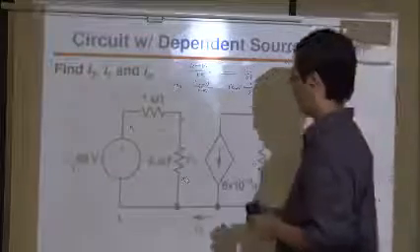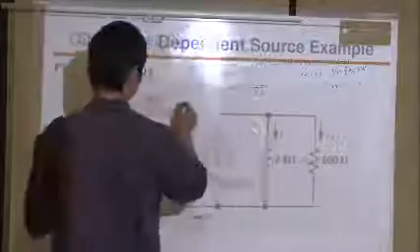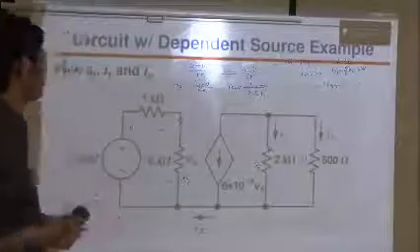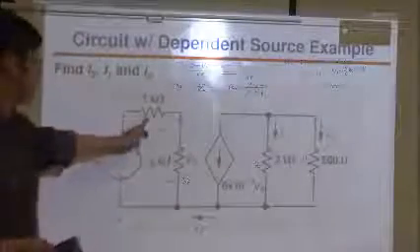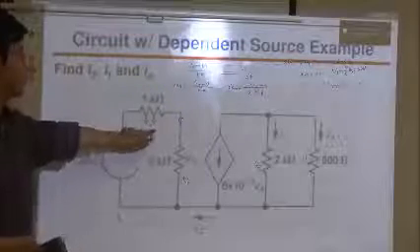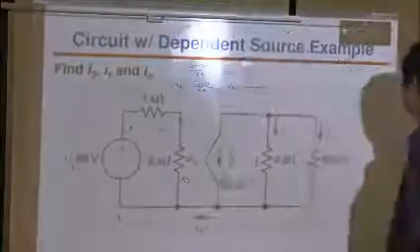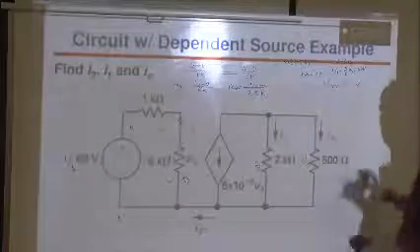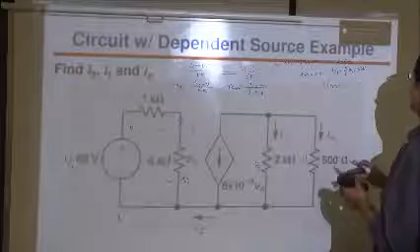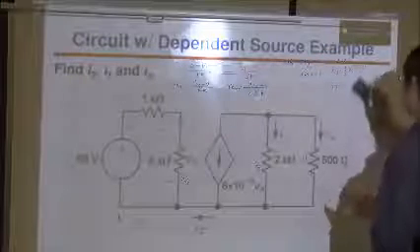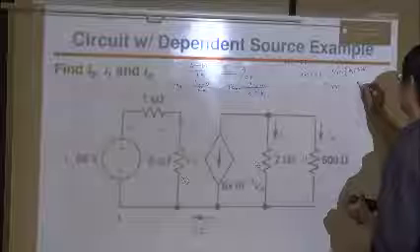So this node is 50 volt. It's very straightforward, right? You have a 1K and a 5K, it's a voltage divider, so it's 50 volt. Very straightforward. Now we know what V delta is. V delta is V1, right? So that's 50 volt.